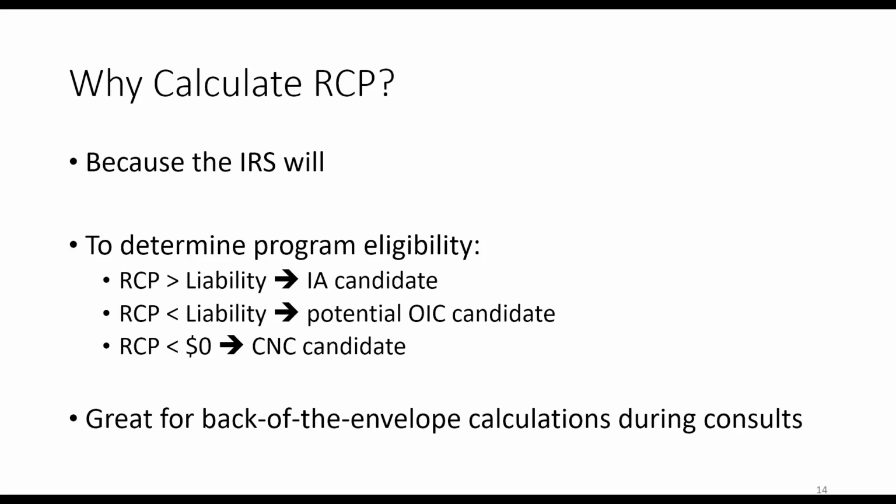Melissa says, if the reasonable collection potential is less than 0 and a family member will give the taxpayer, say, $100 to file an offer, can you submit a low offer like this? Well, if the math works, Melissa, at the end of the day, it doesn't matter where they get it.